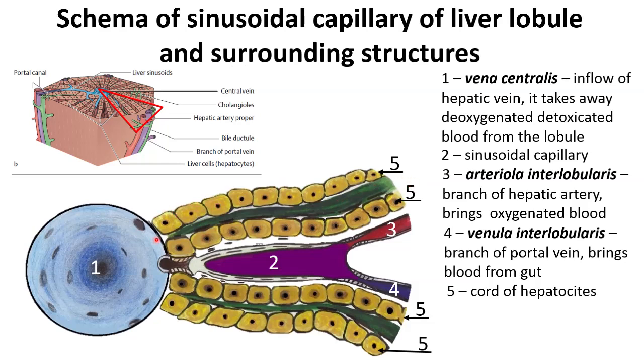Cord of hepatocytes, or liver trabeculae. It's interesting that between 2 adjacent cords of hepatocytes we can find this green color structure number 6. It is the ductulus biliferus.